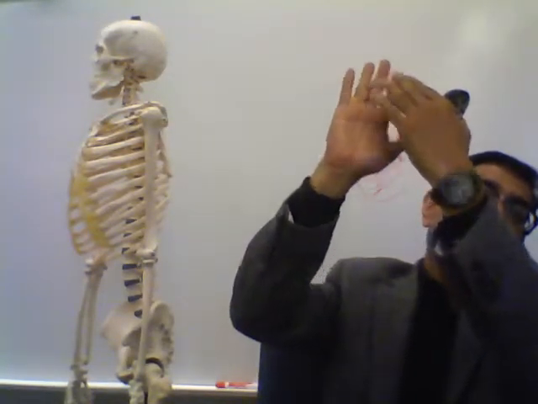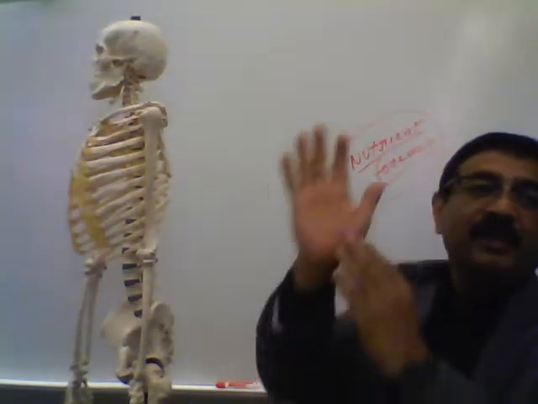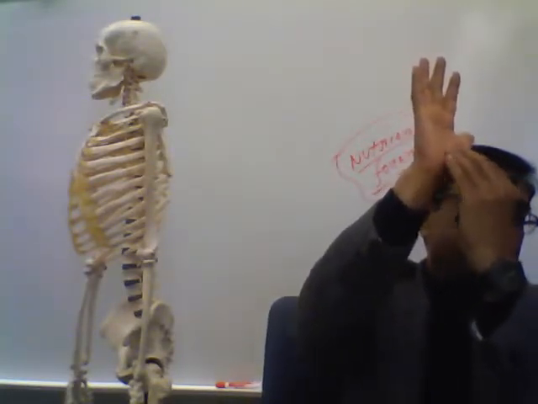Tarsals, the bones of your foot. There are tarsals, metatarsals, phalanges. In your hand, you have carpal, metacarpal, phalanges. In your foot, you have tarsal, metatarsal, phalanges. Very similar. In the hand, how many carpals do you have? 8. You remember? 4 in each row, so total 8.